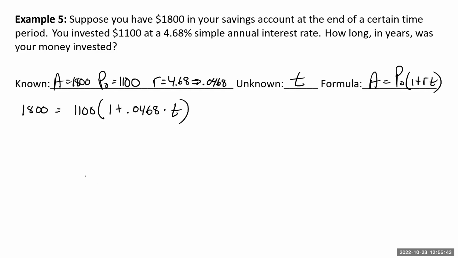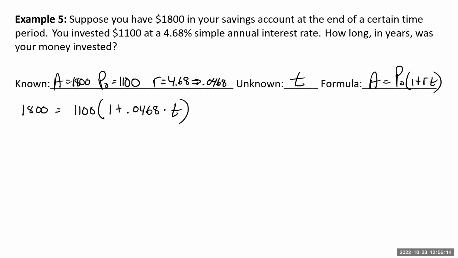Back in your Algebra 1 days, you might be tempted to go ahead and distribute the 1,100. I'm going to choose not to do that, because 1100 times a decimal gives me another decimal, and then I have to round that decimal, and I don't want any rounding until the very final answer.